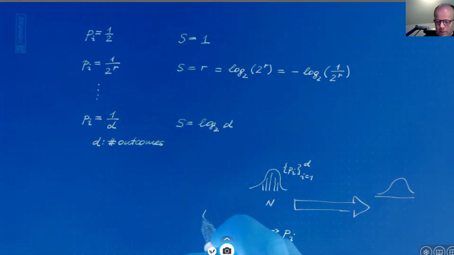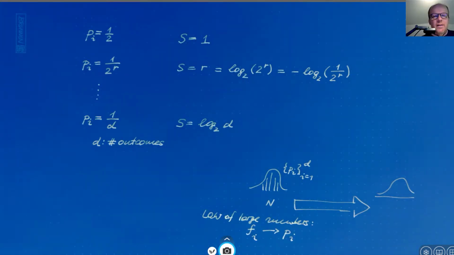You have the law of large numbers, which ensures that if n is large enough, then the relative frequencies will approach the probabilities. What Alice wants to convey to Bob is the specific sequence of the outcomes of her random experiments.